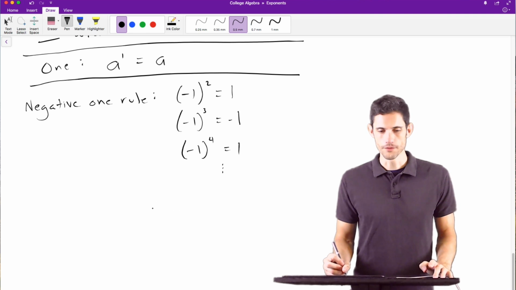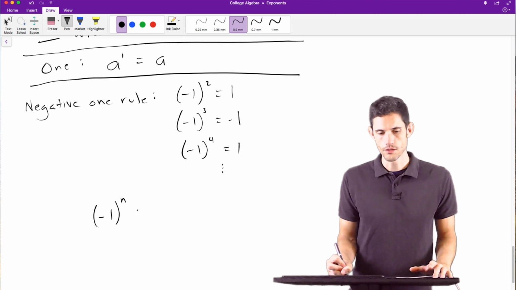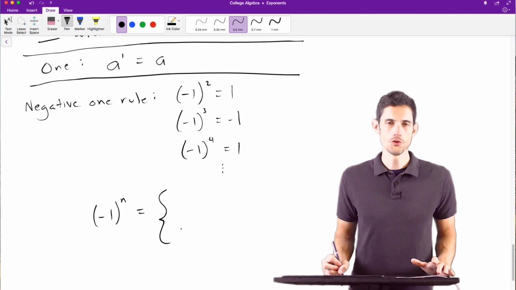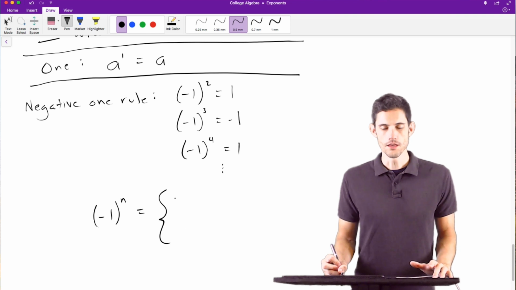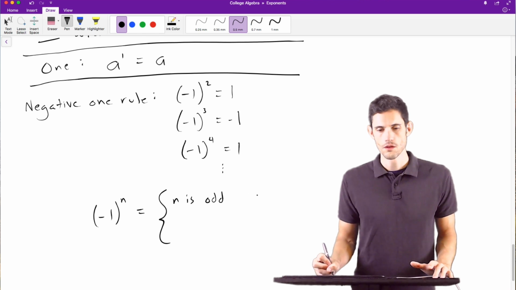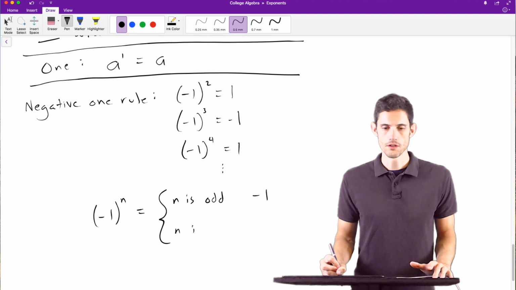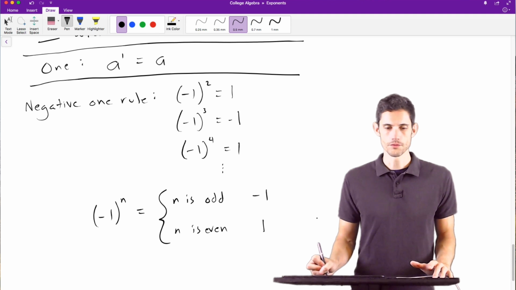So this can be written as a piecewise function. -1 to the power n is equal to, and then these are the two scenarios. If n is odd, the answer is -1. If n is even, the answer is +1.